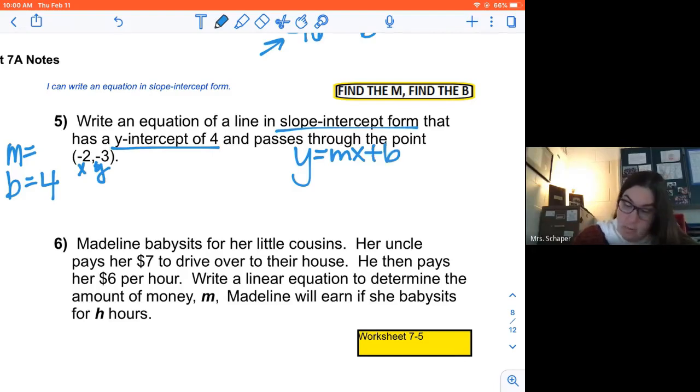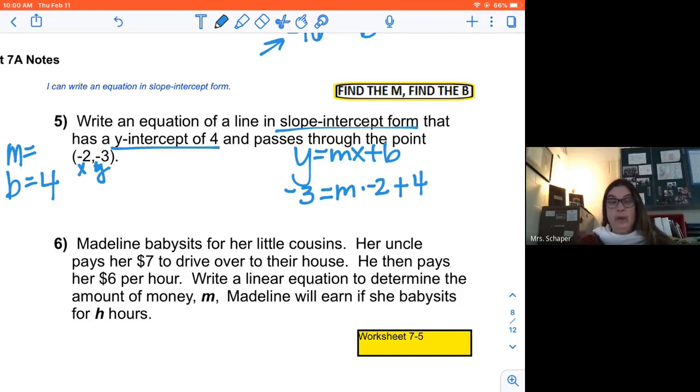Okay. y is -3. m, I don't know, so I have to leave that as m. My x is -2. And my y-intercept is 4. So now I have an equation that shows one variable.